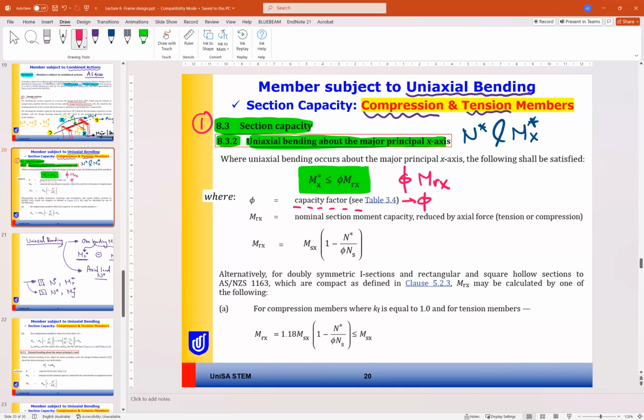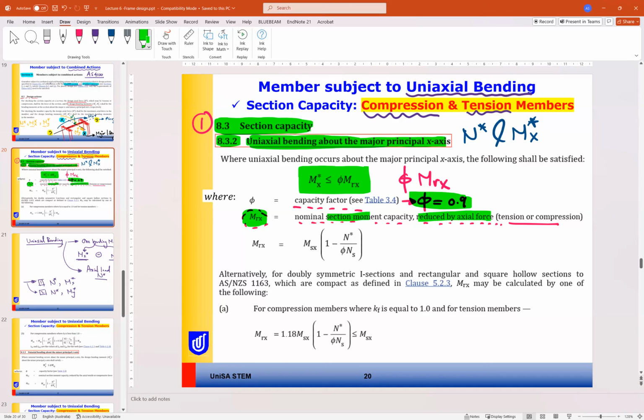For steel members, we mentioned that phi equals 0.9, so no problem with phi. But now, what is Mrx? Mrx is the nominal section moment capacity reduced by axial force, tension or compression. So Msx was the nominal section capacity. Here, Mrx is the section capacity, but reduced by the axial force.